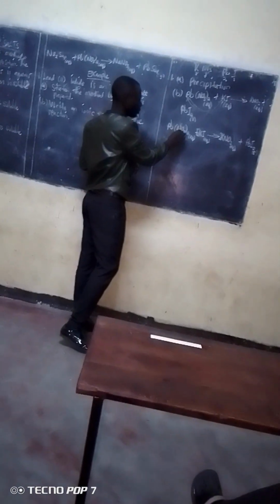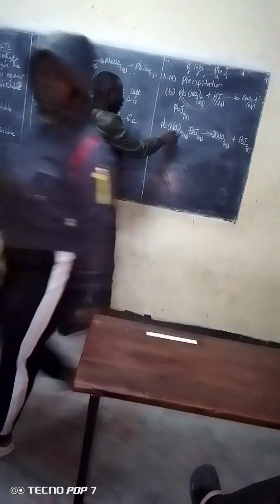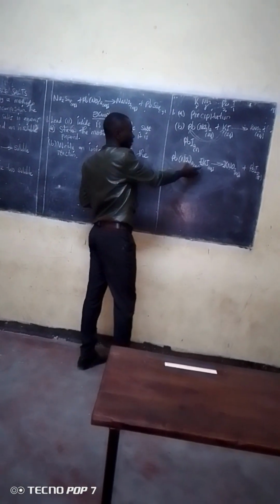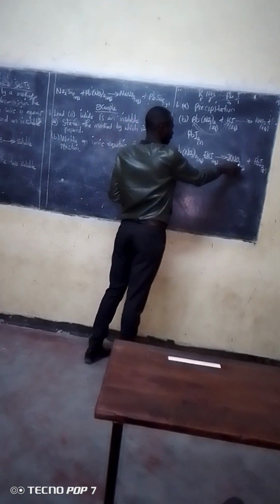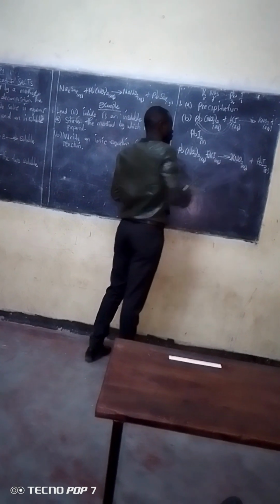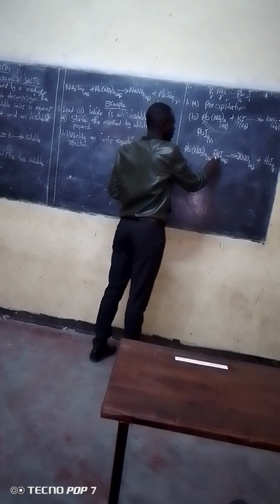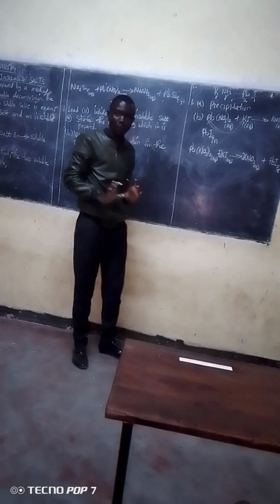So here you have 2 atoms of nitrogen, and here 2 atoms of nitrogen. What about the oxygen? Here we have 6 atoms on the reactant side. What about on the product side? We have also 6 atoms. Potassium 2, and here 2. Iodine 2, and here 2. So the equation is balanced.